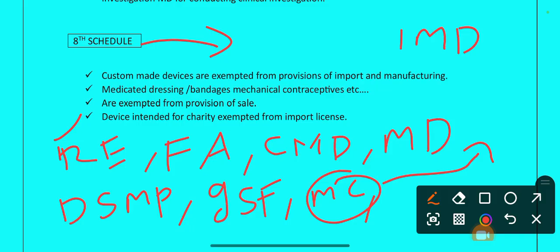Next one, government supported facilities: devices supplied by government maintained or supported hospitals and dispensaries are also subject to the exception.